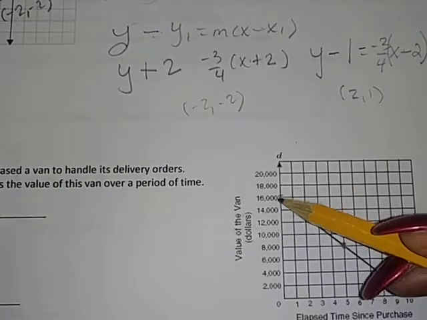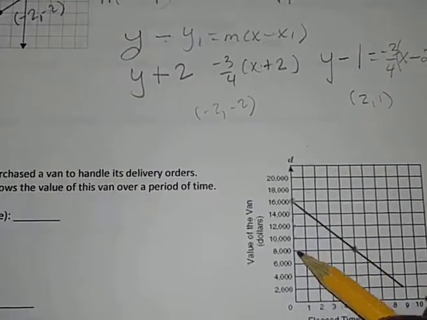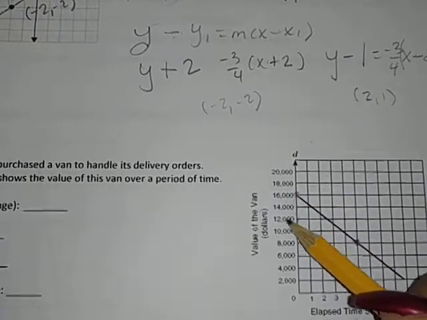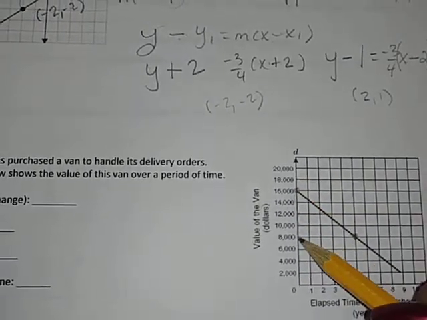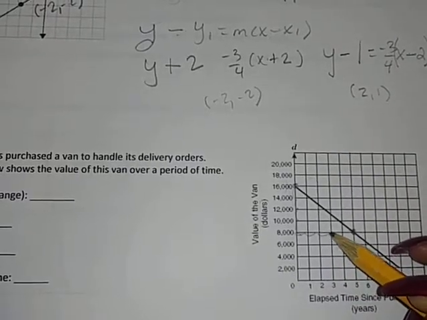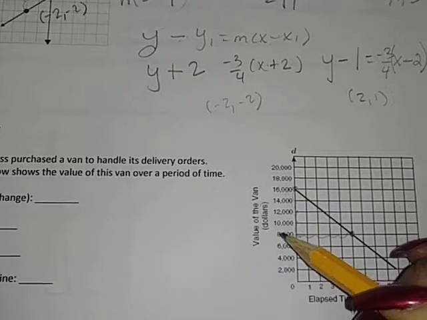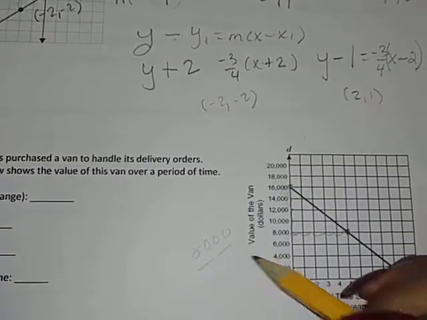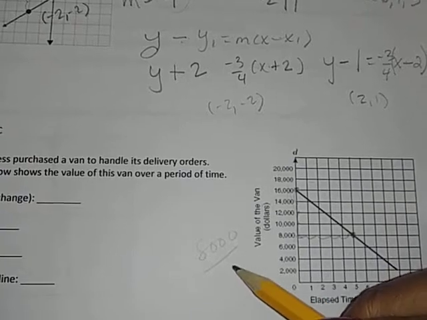So I'm going down 1, 2, 3, 4. Ooh, 8,000 is how much I decreased. So that is down 8,000 over 5.